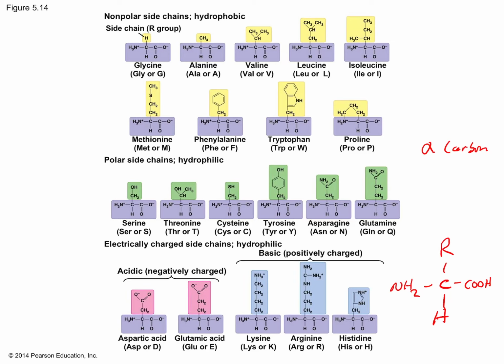Then, finally, the fourth bond of the carbon is made up by what we call an R group. So, the R group is what varies from one amino acid to the next. Everything I'm circling here with a pointer is common to every amino acid. They all have this structure. It's the R group that makes them all different from each other.